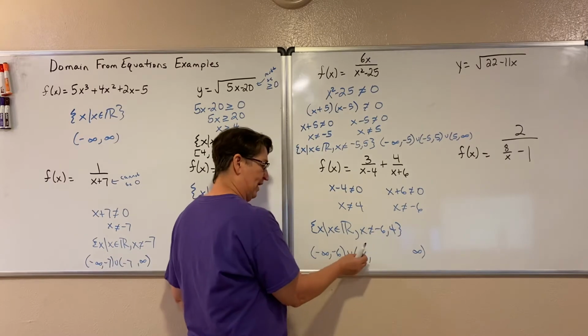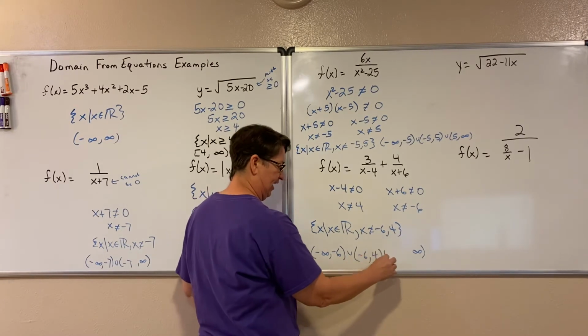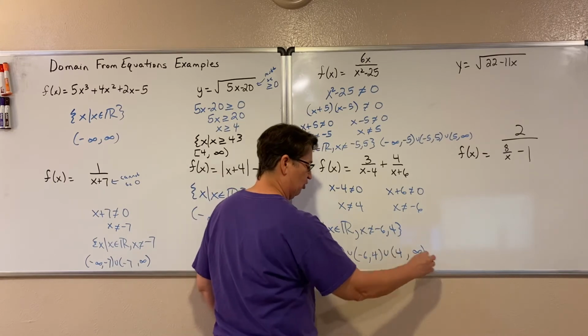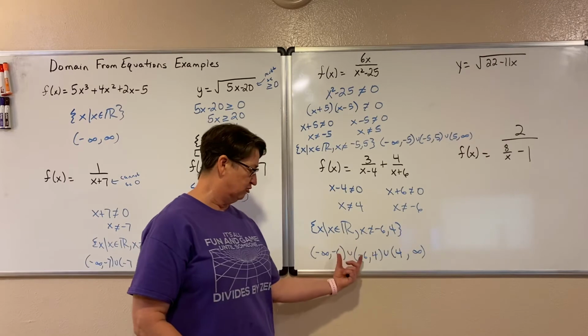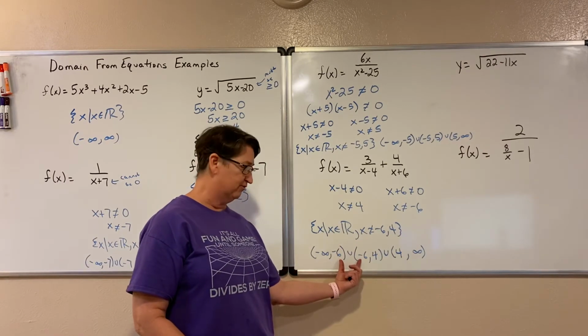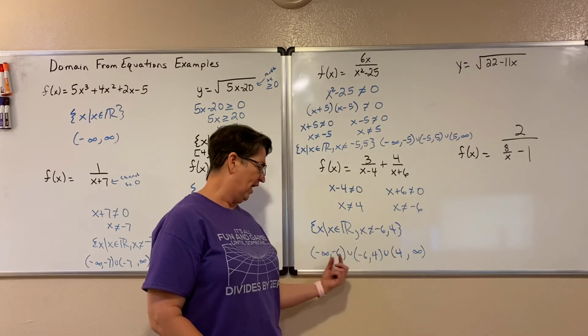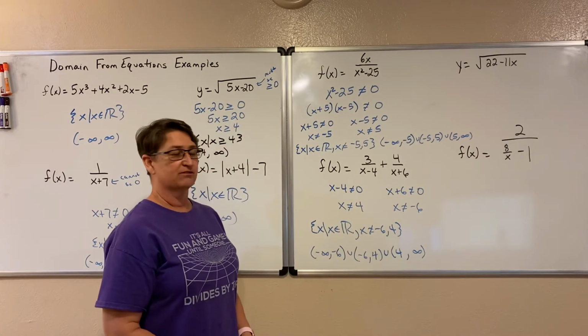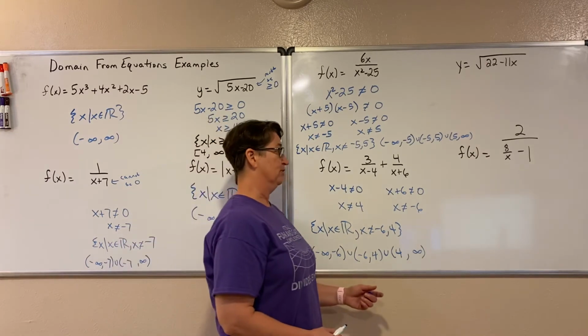And then from -6 to 4, there's a piece of the graph there. Then from 4 to infinity. So in other words, it goes from negative infinity to infinity. There's just a break in the graph at -6, and there's a break in the graph at 4. But otherwise, every value is covered in there. So that's set builder notation and interval notation.